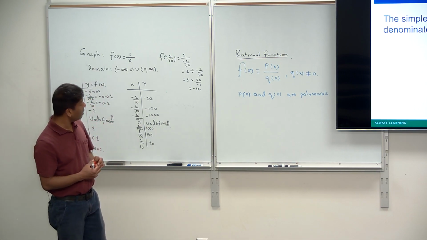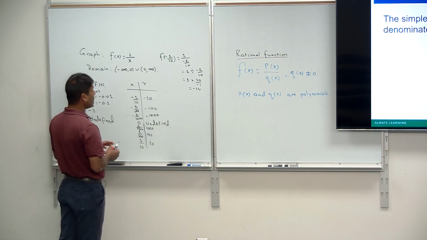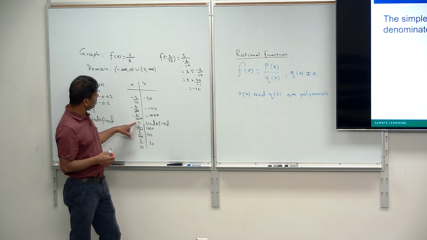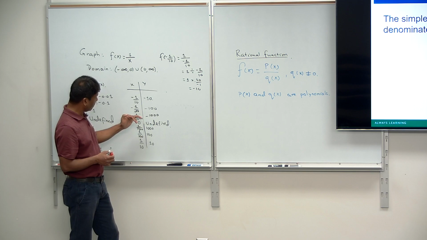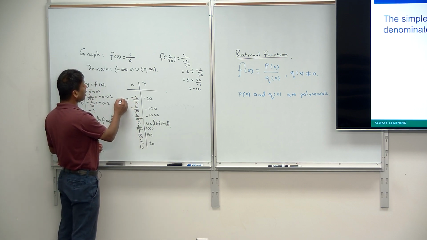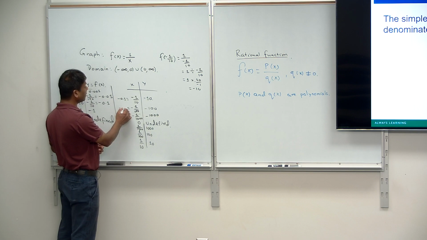So now, what did you observe here? As the value of x approaches 0 from the left, because negative 1 over 10 means negative 0.1, negative 1 over 100 is negative 0.01, and this is negative 0.001, is that right?